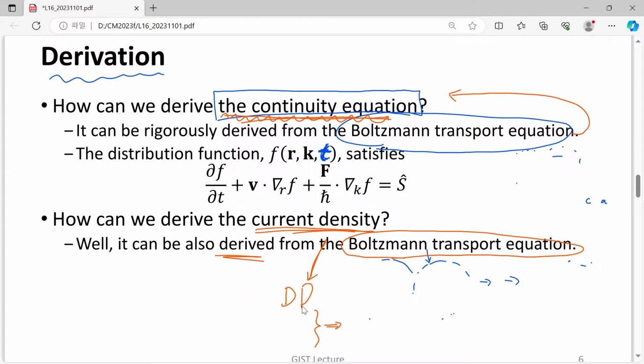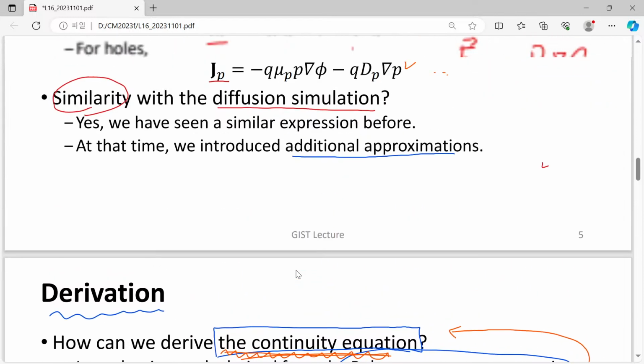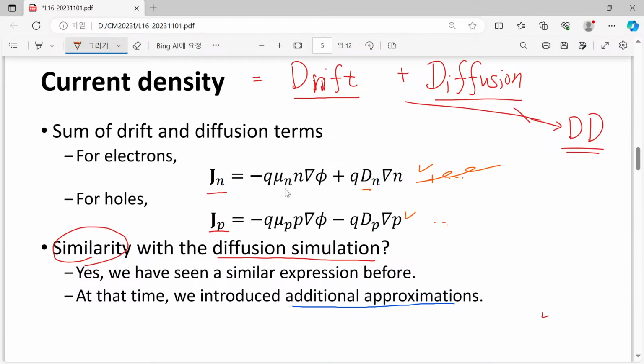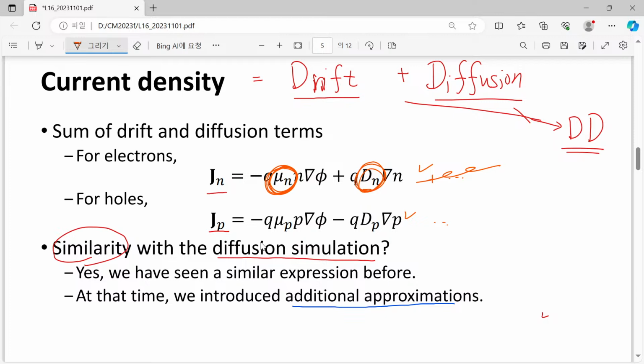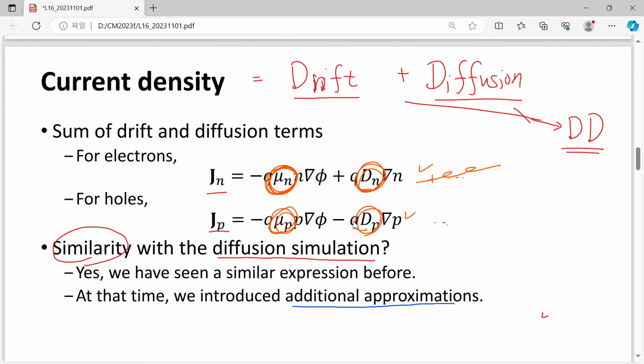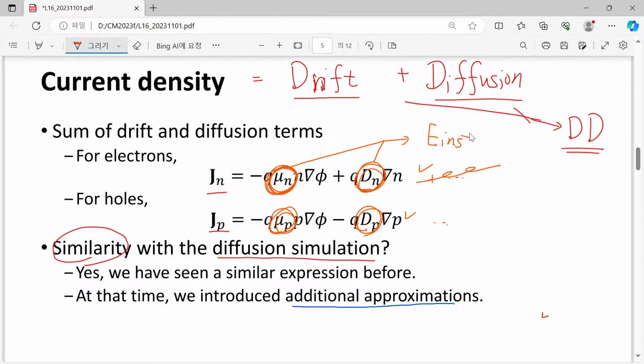Instead of that, they just calibrate the parameters inside this drift diffusion model. So what are the parameters? More or less, the parameters are the mobility and diffusion constant. These two quantities are the main knobs in our calibration. And importantly, we just introduce the Einstein relation in many cases. Do you remember this relation?